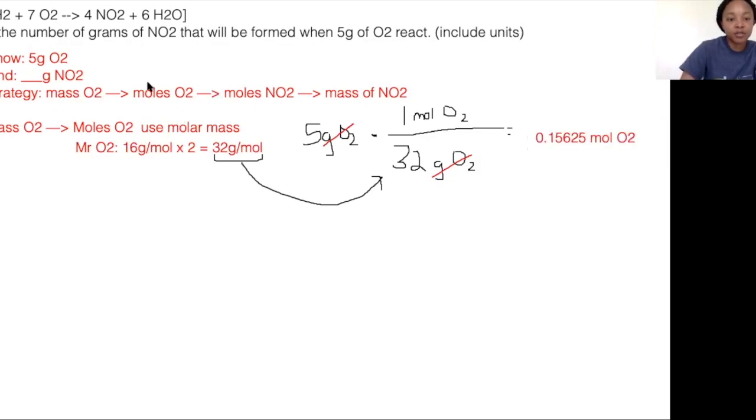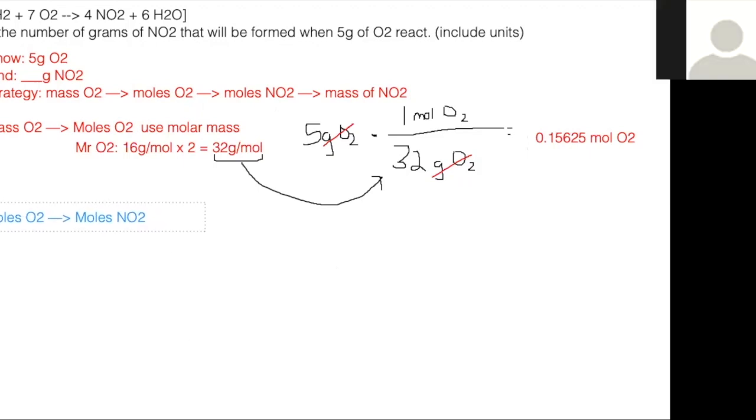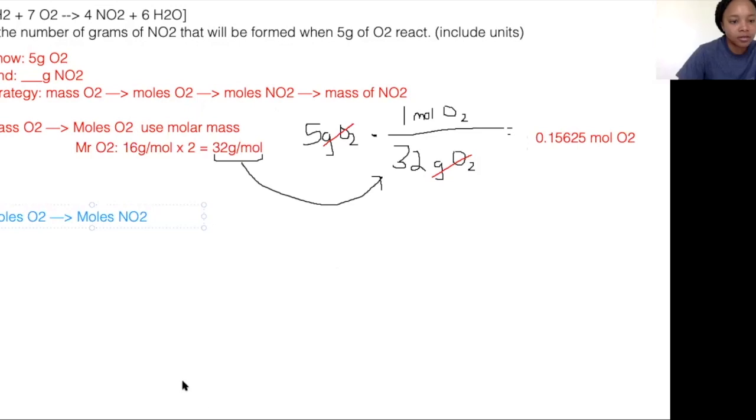Now that we have moles of O2, what do we need to turn this moles of O2 into? Now you gotta go to moles of NO2. Perfect. So let's use a different color so we can keep all our steps separate. So now we're going from moles of O2 to moles of NO2. And how do you do that? Don't you gotta use mole ratio? Yeah. So let me type that in there. Use mole ratio.